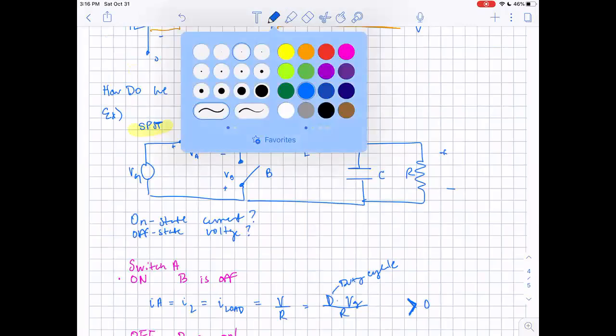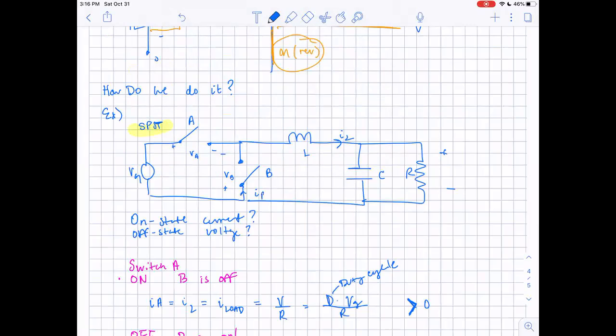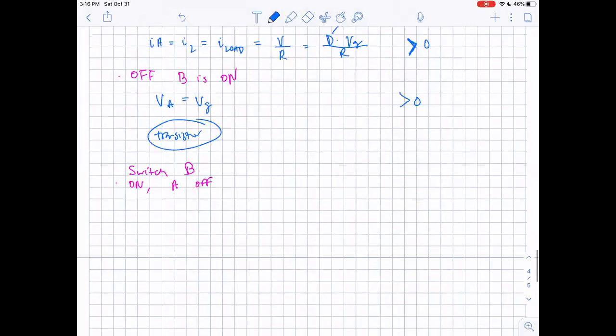Because our IB is defined up here in the same direction as IL, so our polarities are the same. So we can define IB as positive.